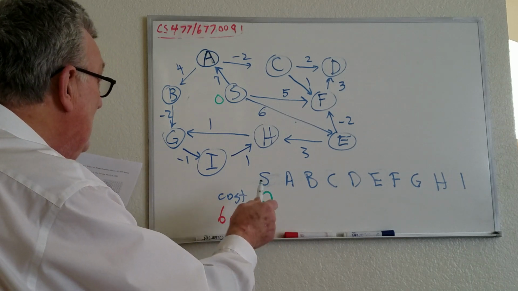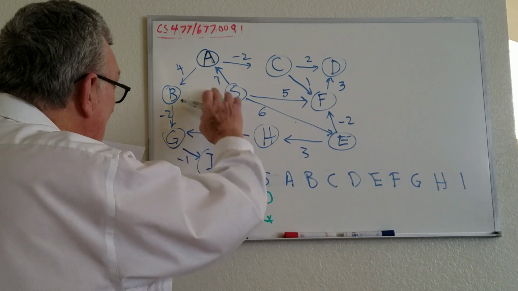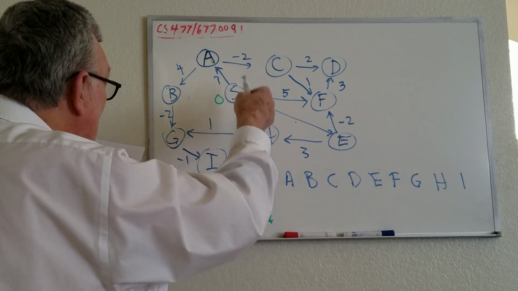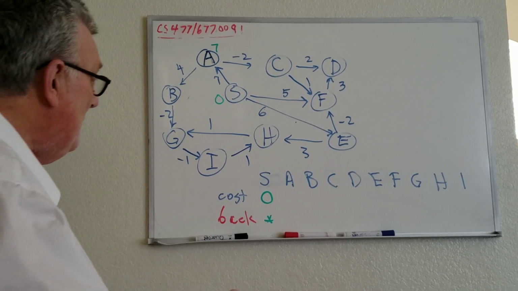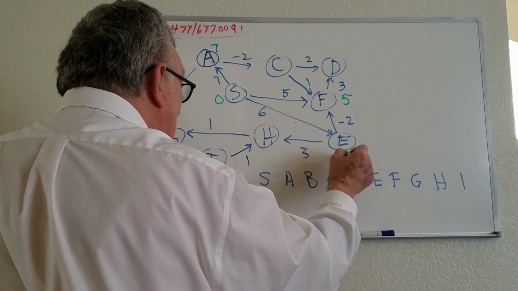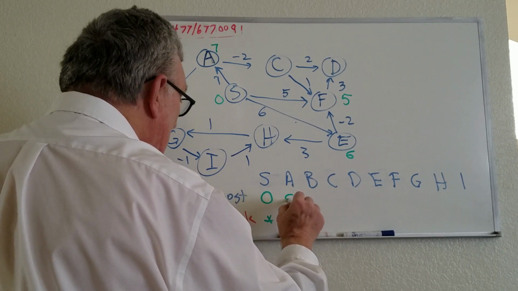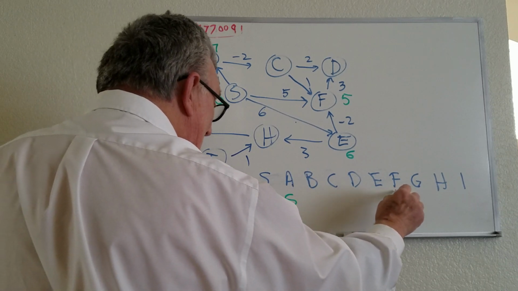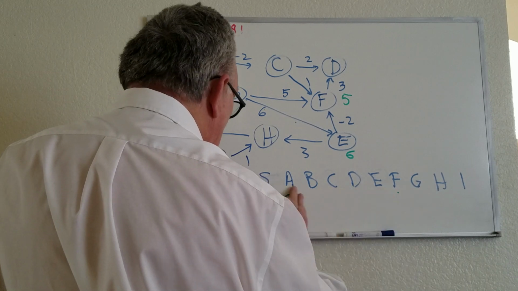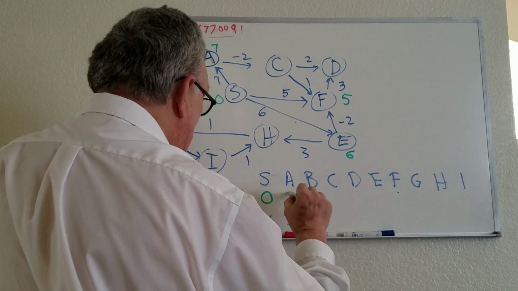Alright, now starting from S we look at all the edges and we update the values. So these updated values will be obtained by following these edges. So to A we now have a back pointer of S and the value is 7.